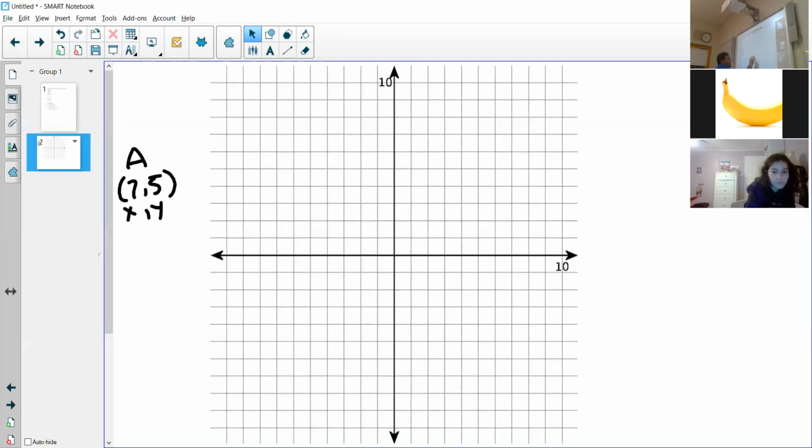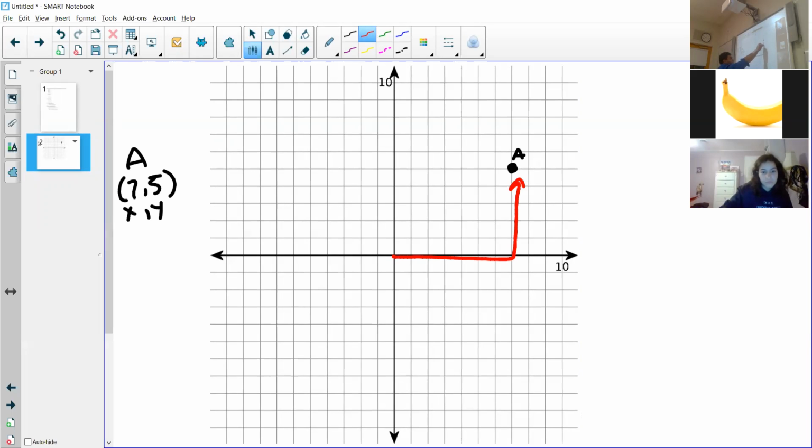X is 7, so I'm going to start at the origin and go 1, 2, 3, 4, 5, 6, 7 to the right. And then 5 up. 1, 2, 3, 4, 5 up because it's a positive 5. So here is A. Go 7 to the right and then 5 up, okay? No need for the arrow though. That's just for me to show you my path because you can't actually see my hand, at least not clearly.